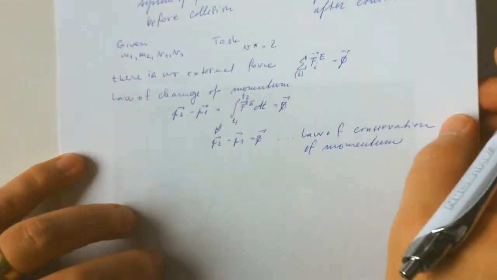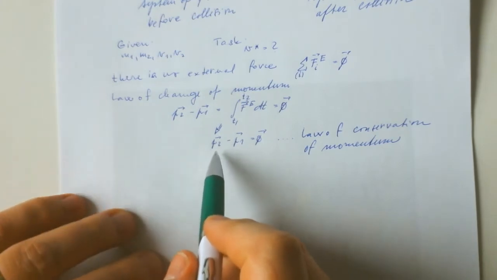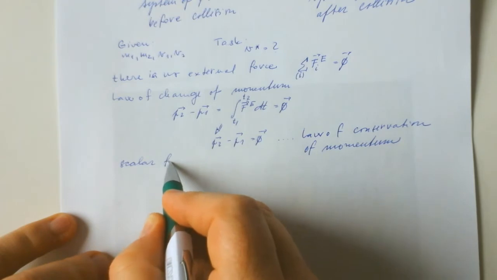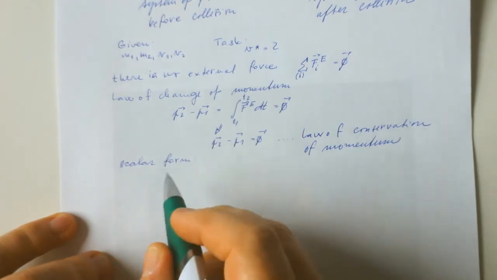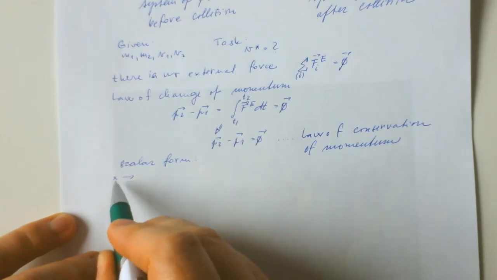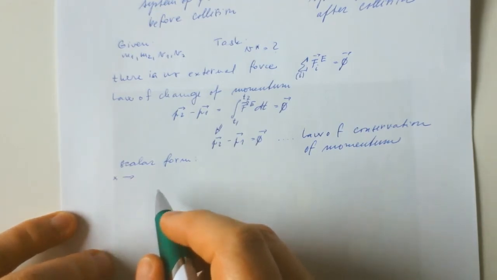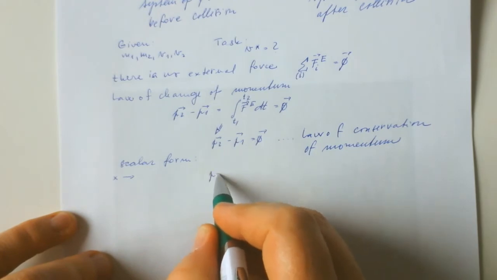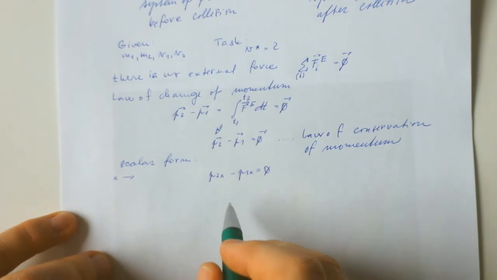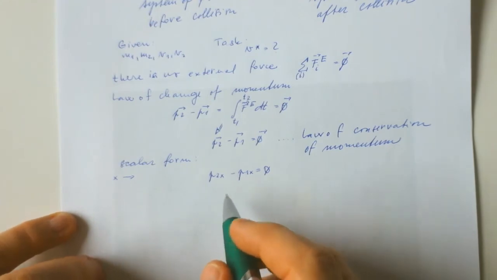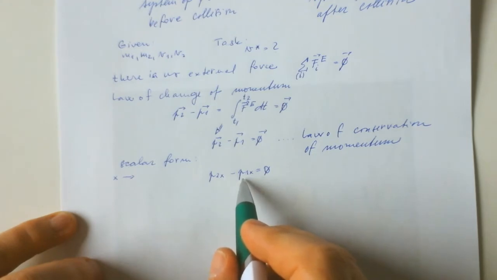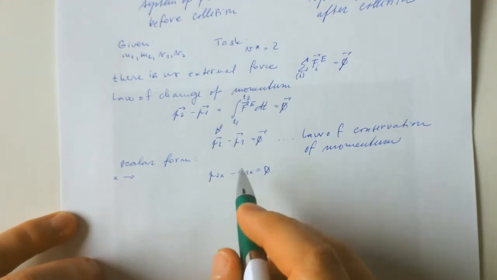We can rewrite this law into scalar form. If we consider that x is in this horizontal direction, we can write that p2x minus p1x is equal to 0. So this is the momentum before collision, and this is the momentum after collision.